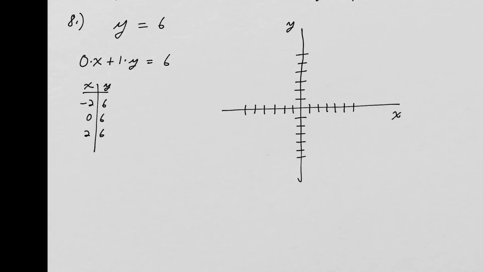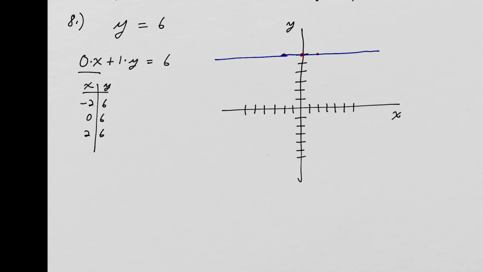Because 0 times x here will always give me 0, and then I end up with y equals 6, regardless of what I plug in for x. So if we plot a few of those points, -2, so 2 to the left, up 6, right there, 0, 6, right here, and then 2, 6, right here, we're going to see that we always get a horizontal line, which, by the way, has slope 0.